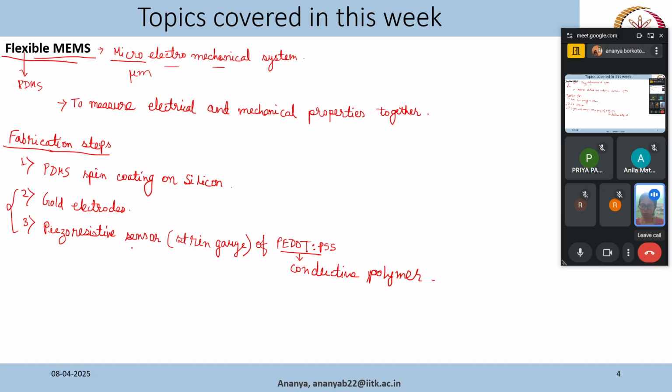Of course we have to make the connections, but let's first focus on how we can measure the electrical properties with different components of this sensor. Next, we will make an insulating layer, a SiO2 insulating layer, before making the electrodes.